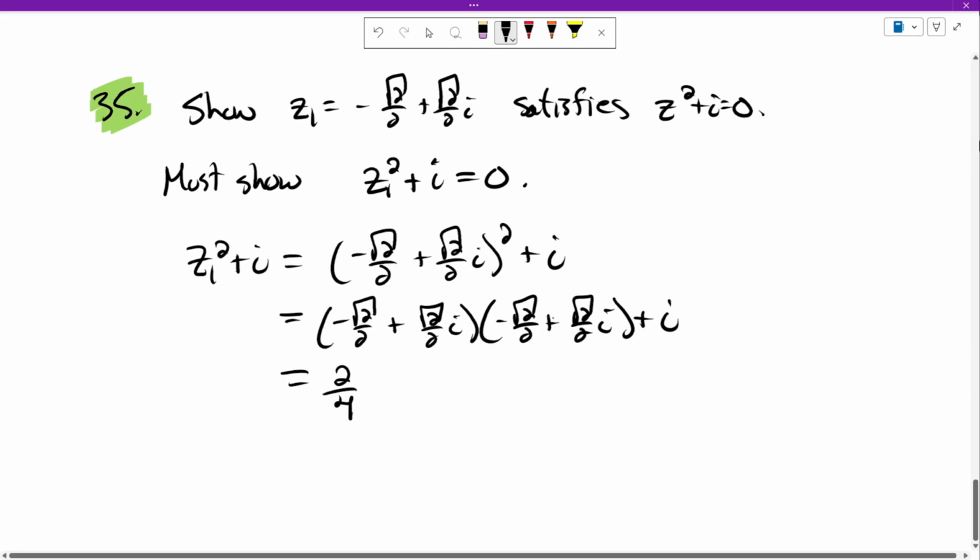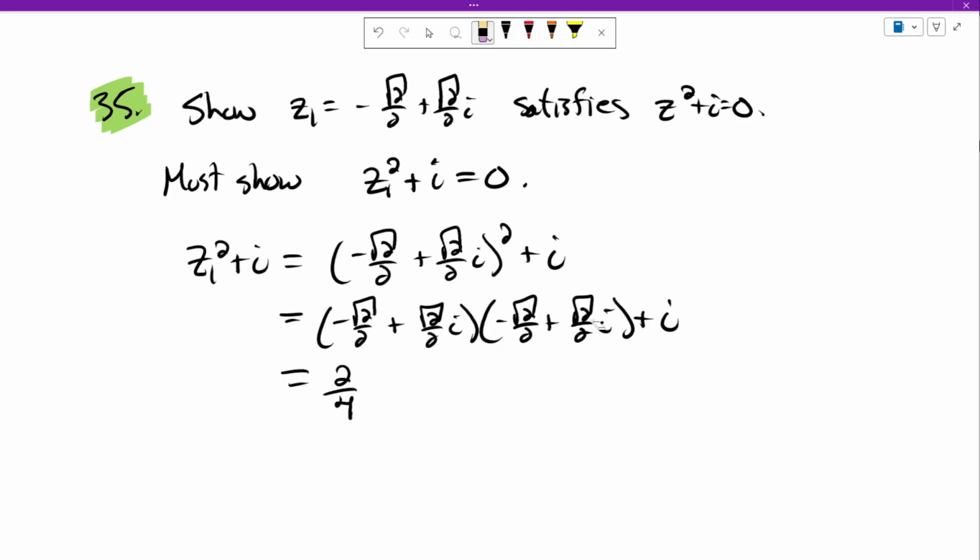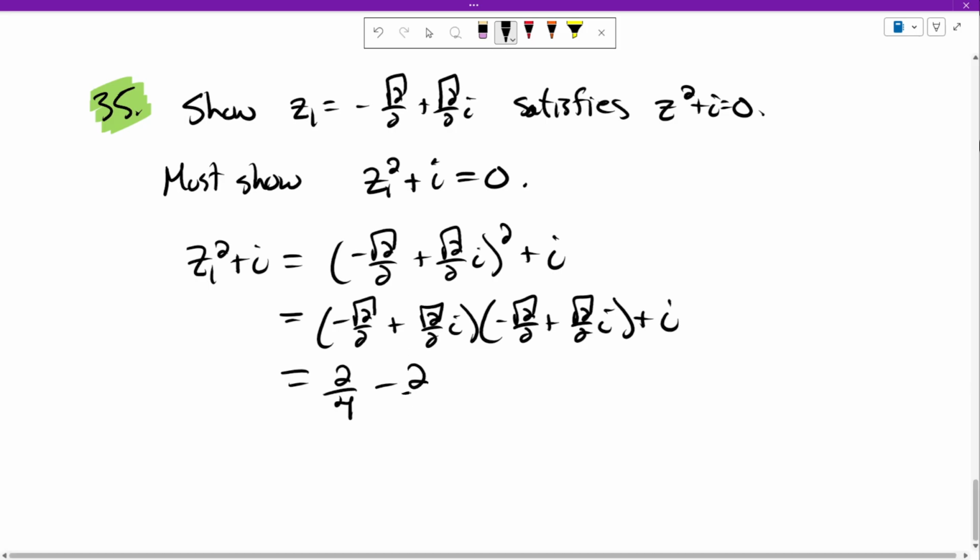And then we're going to get negative 2/4 i. Oops. Negative 2/4 i. And then we're going to get also negative 2/4 i for the inside terms.